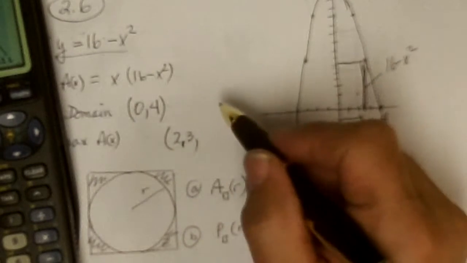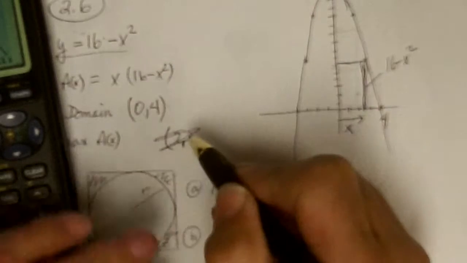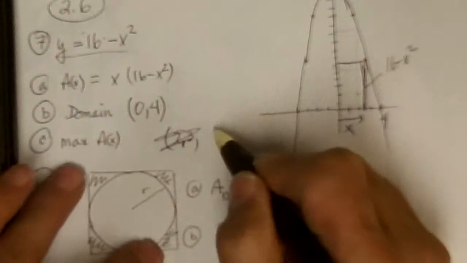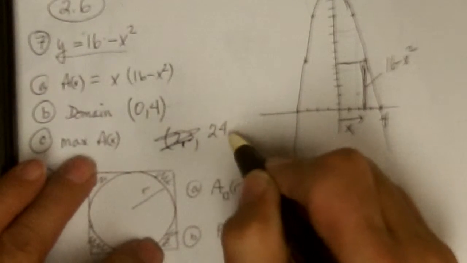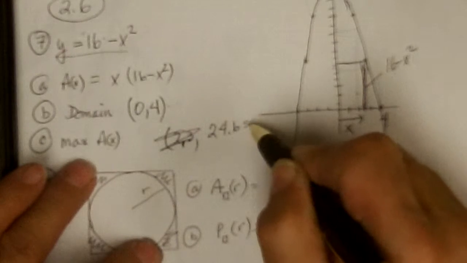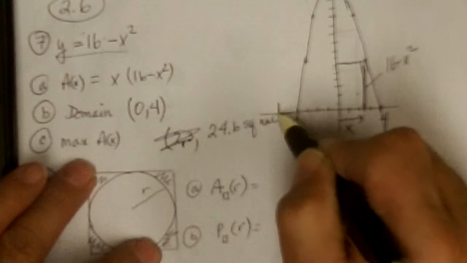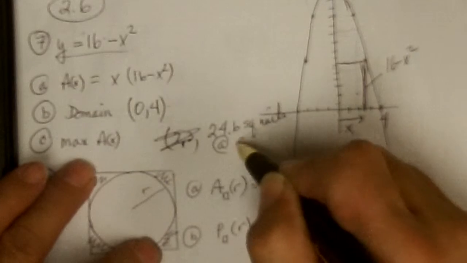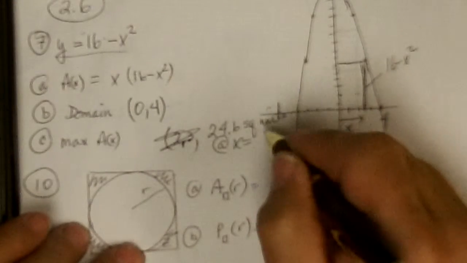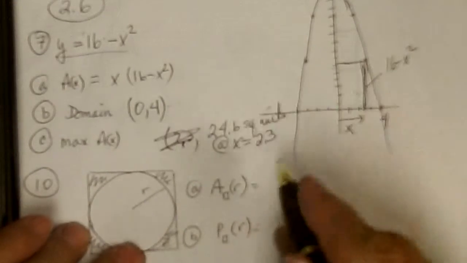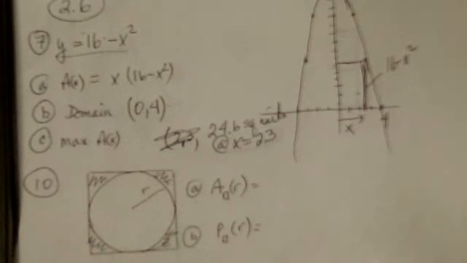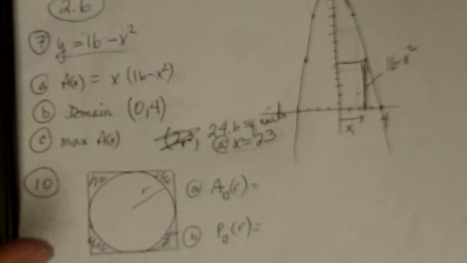And the maximum area, since it's asking for the maximum, is 24.6 square units at x equal 2.3. Now I don't know whether they just asked for the x coordinate where it's max or the maximum value, so you'll have to decide which one of those you have to give.